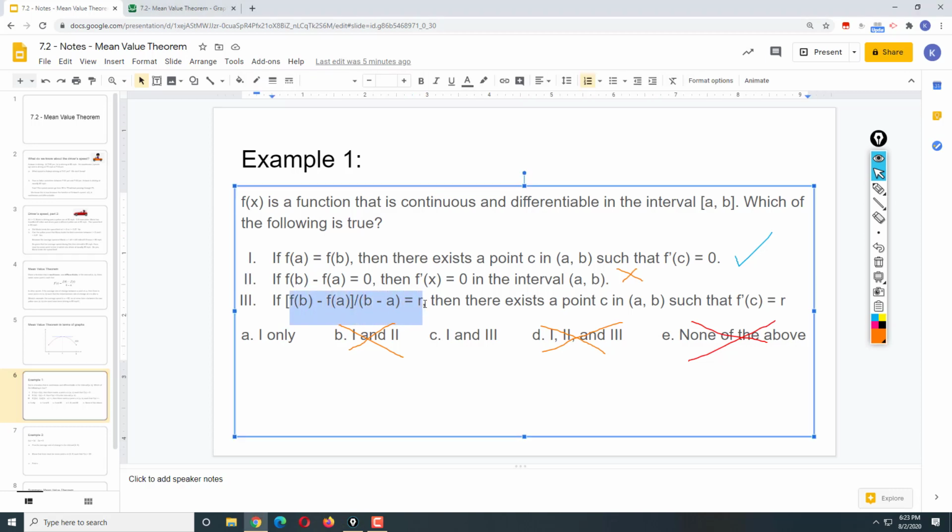That's R. We know from the mean value theorem that if the average rate of change is R, then yes, there is a point at x equals c such that the slope is R, the average rate of change. This is just the mean value theorem. So statement 3 is true. Given that statement 3 is true, A is wrong, and C is the correct answer.